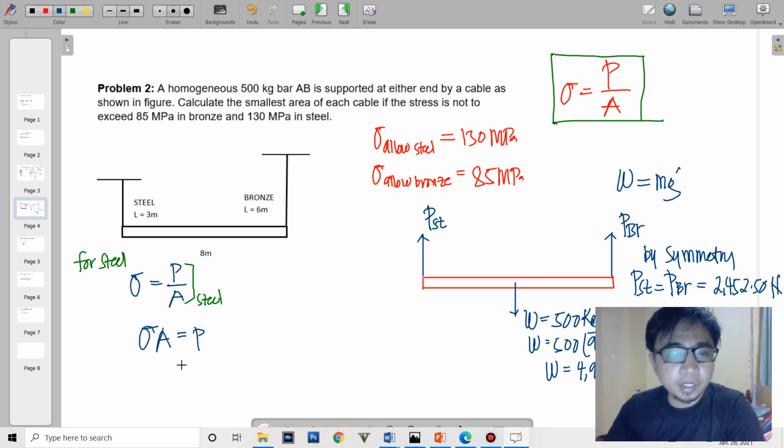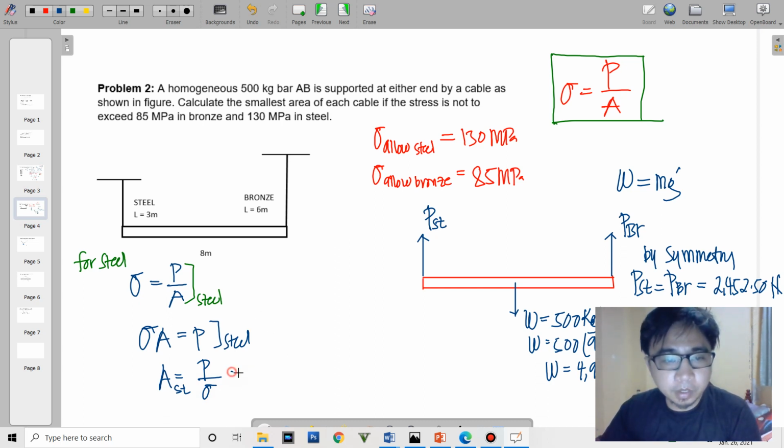We have sigma A is equal to P for steel, and area of steel is equal to P all over sigma.